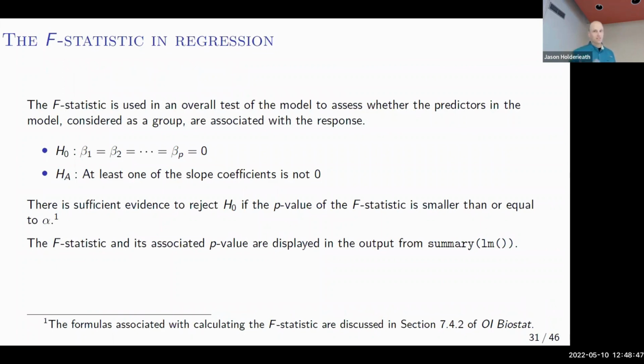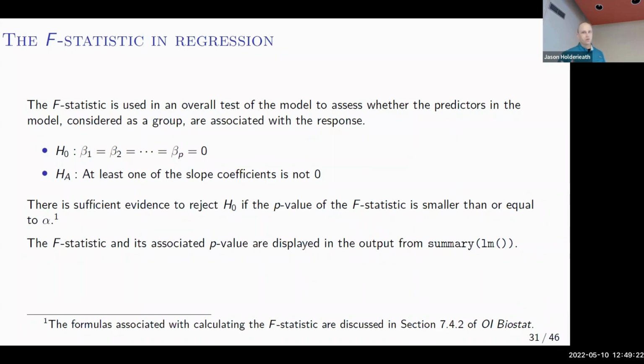The F statistic is an evaluation of the entire model. The null hypothesis is that all of the betas are 0, meaning that not a single one of them has any sort of association, so the entire model is without use, really.